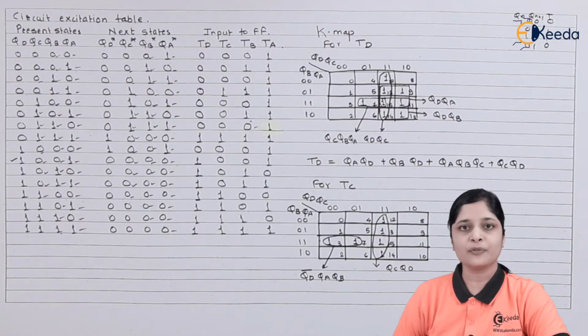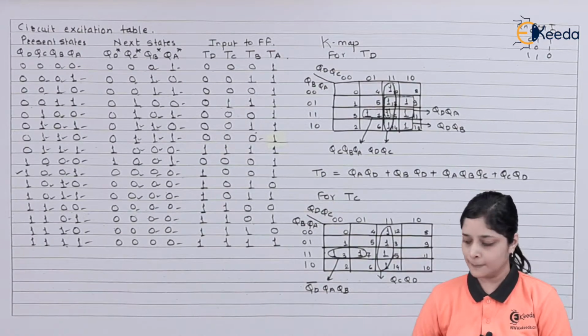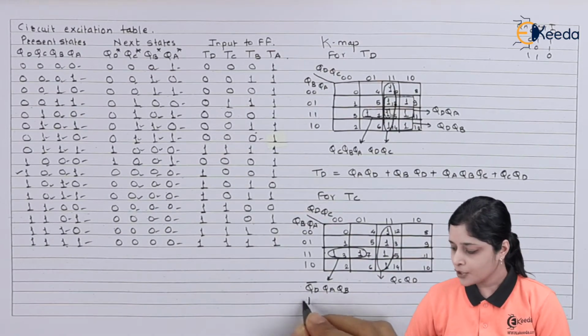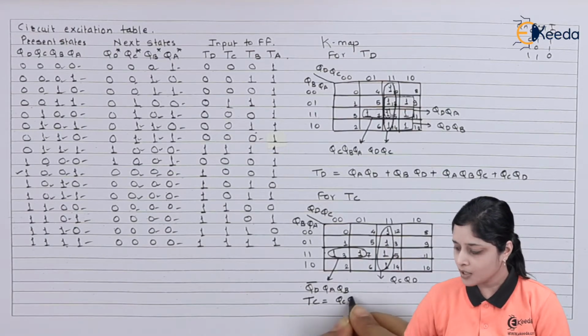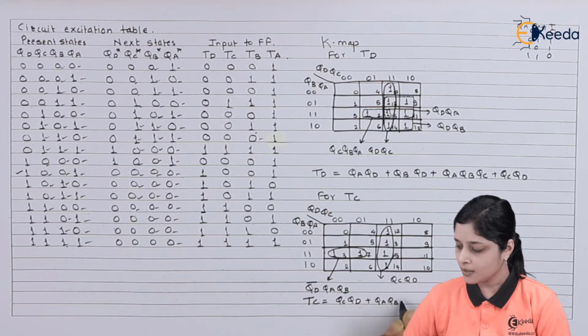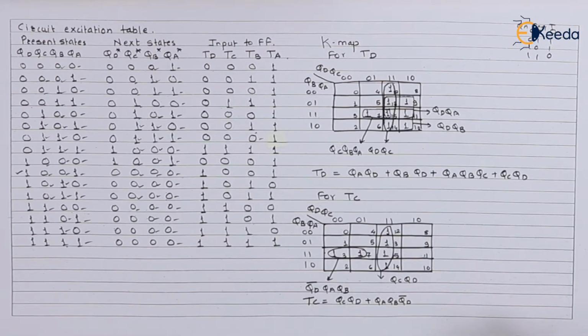In this way you have to write the equations for the TC. So we have the K-map for TC. The final equation for the TC we can write here as QC QD plus QA QB and QD bar. So we have got the equation for TC.